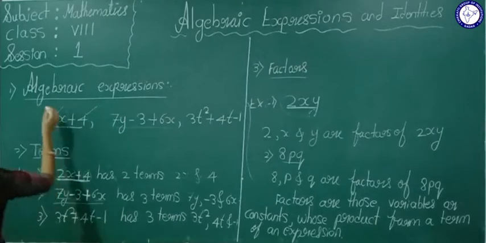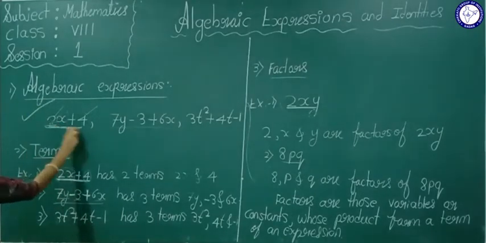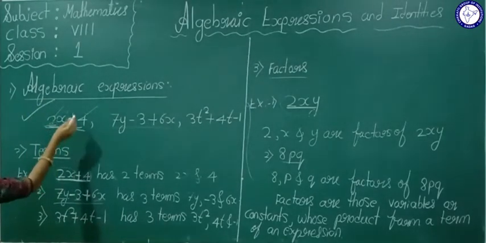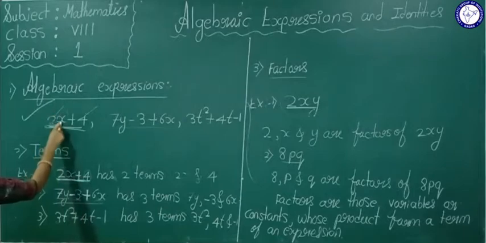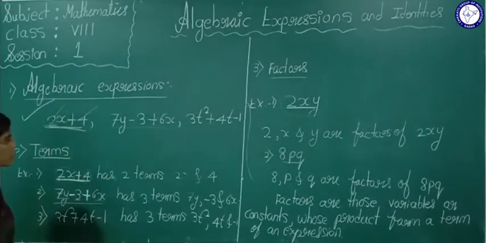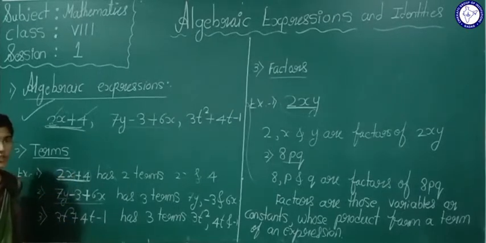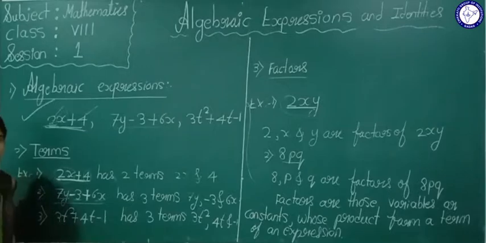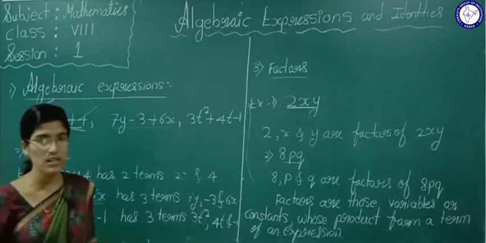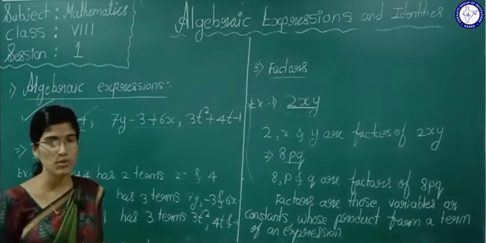So now we come to know what is an algebraic expression. An algebraic expression is an expression involving constants, variables and mathematical operations. So what are the terms of an algebraic expression? Various parts of an algebraic expression separated by plus or minus sign are called terms of an algebraic expression.